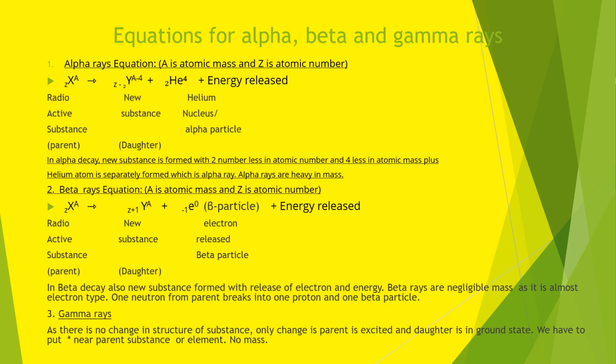Using this, we have to frame the equations. Beta rays are the same, and for gamma rays there is no change in atomic number or atomic mass, but we only have to state that the parent atom is excited and the daughter atom is not excited, it is in the ground state.